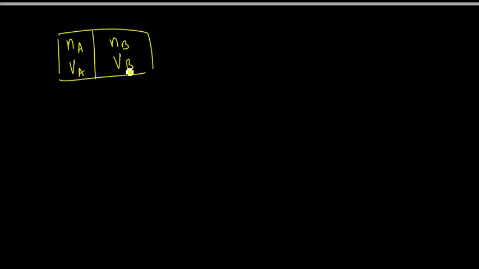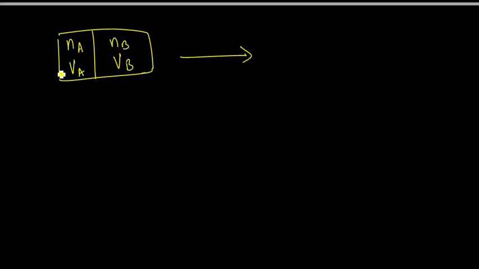The situation is, we have two boxes over here, and we have gas A on the left with Na moles occupying volume VA, gas B on the right occupying volume VB, and I break open the wall.